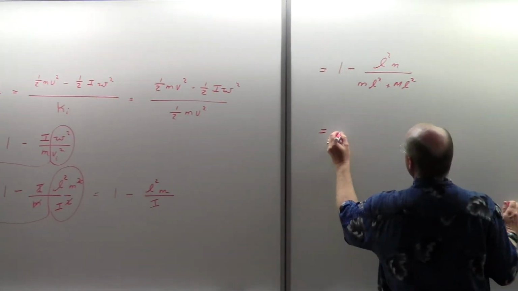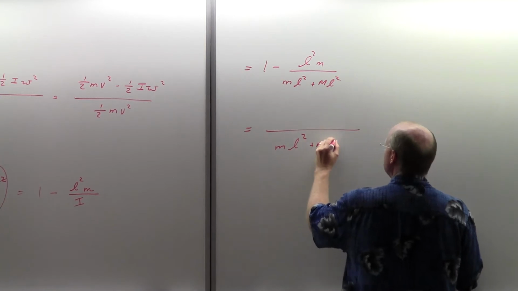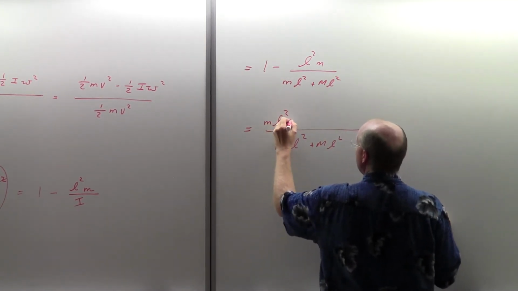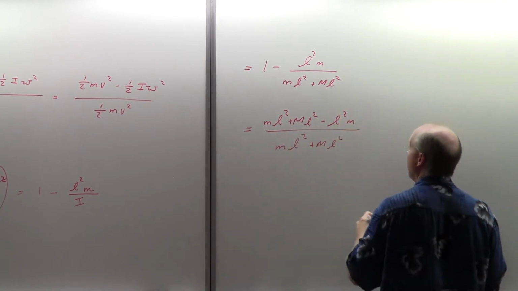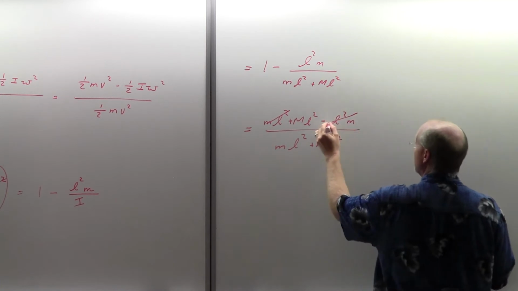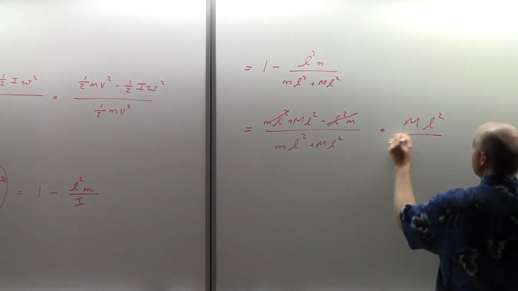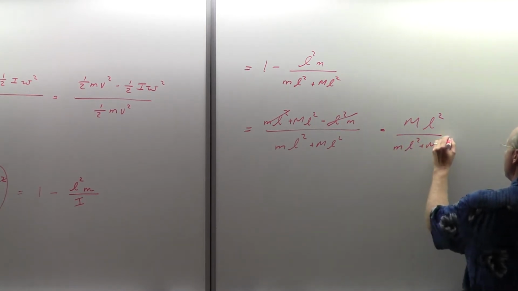And so now I have two terms, and so I'm going to get a common denominator. So this one becomes L squared plus M squared, and then I got the minus L squared M, which means the first one and that last one cancel off. So I've got an ML squared over an ML squared minus ML squared.